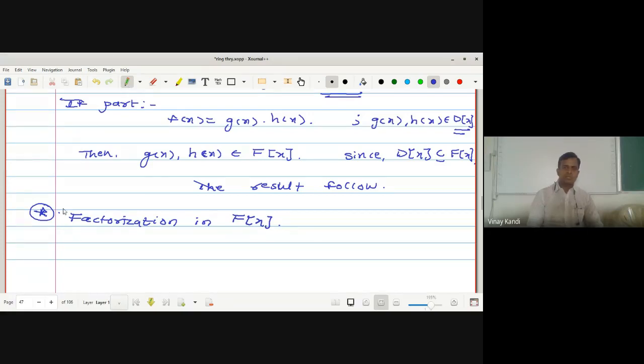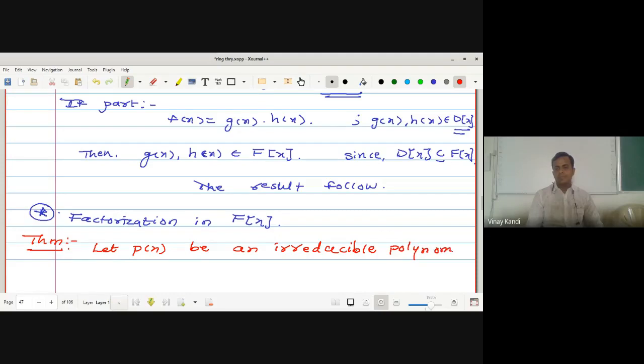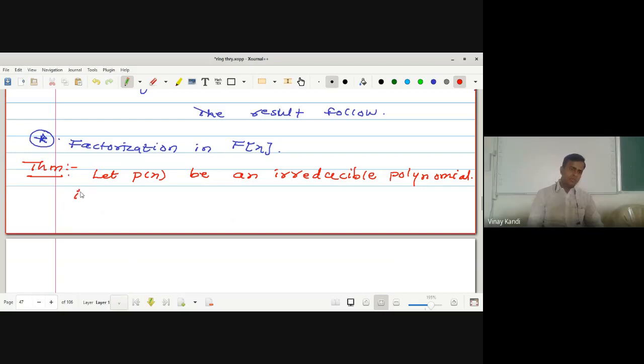And this first theorem is: let p of x be an irreducible polynomial in capital F of x.